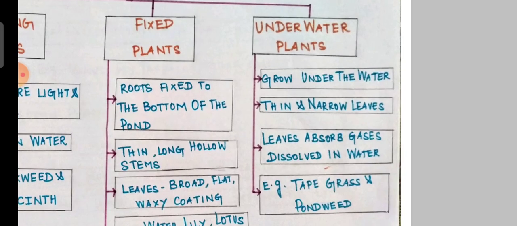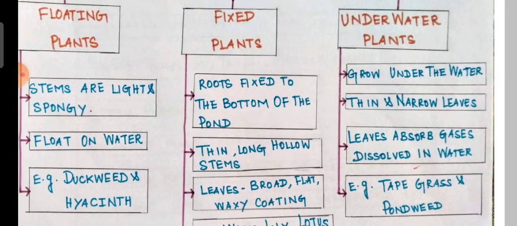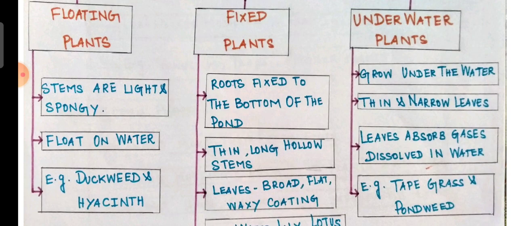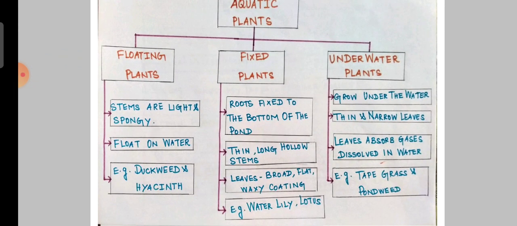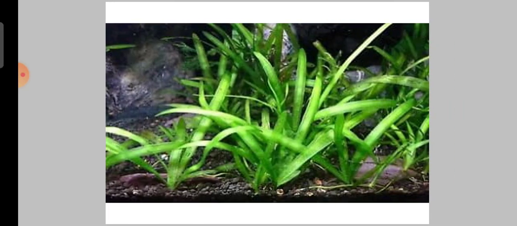Underwater plants. These plants grow under the water and have thin and narrow leaves. Leaves absorb gases dissolved in water directly. Examples: tape grass and pondweed. This is an image of tape grass.